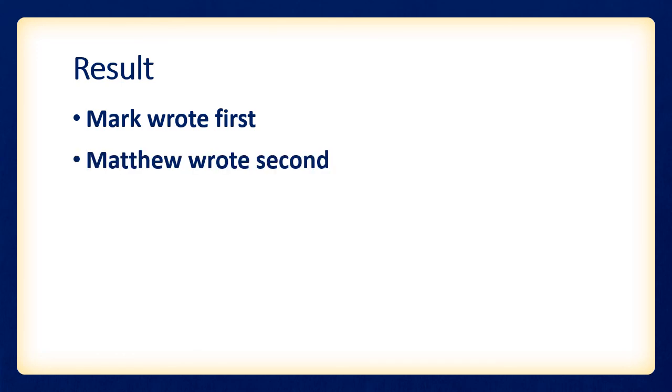Matthew wrote second. He used Mark, basically used Mark as his outline for the book, and he expands the Gospel of Mark by using his own style, his own vocabulary. He, by the way, plugs in a lot of Old Testament stuff. He has some of his own material.